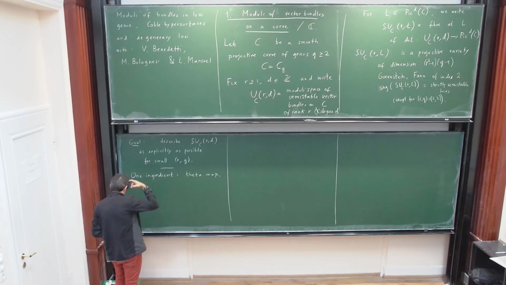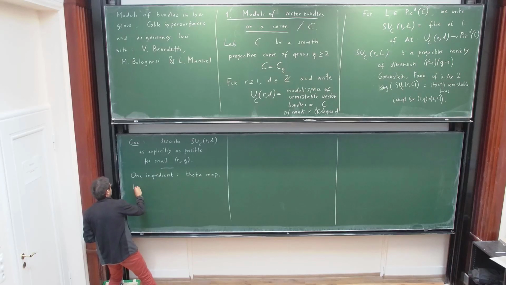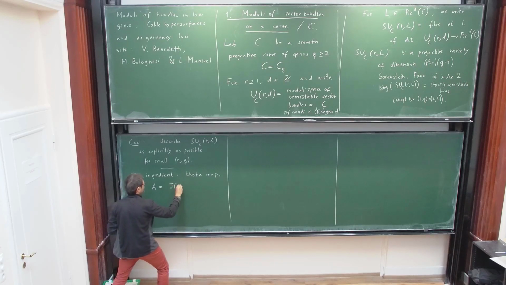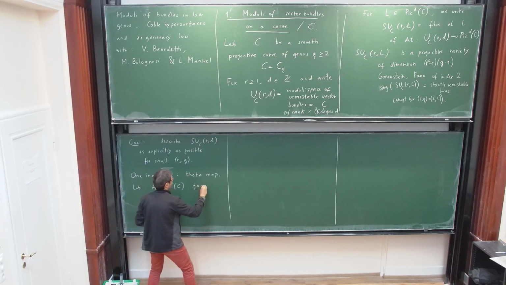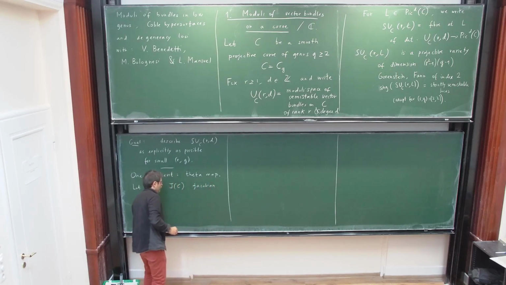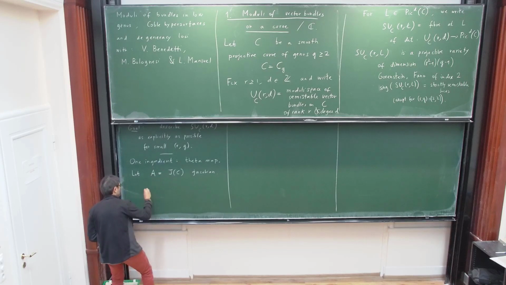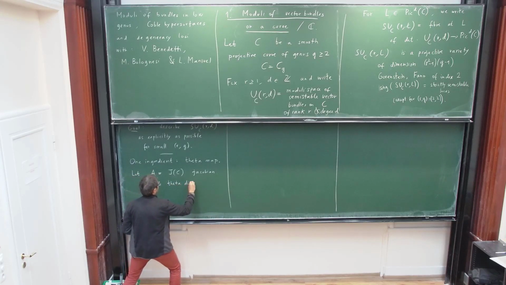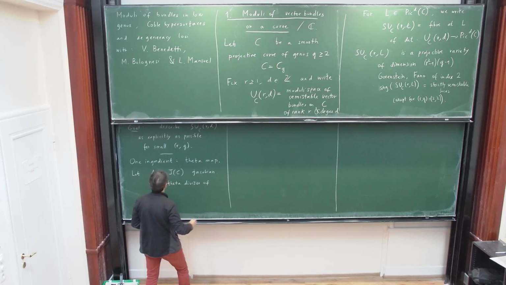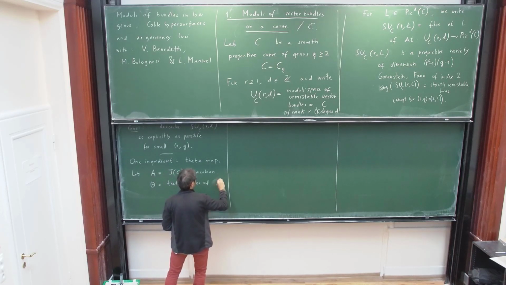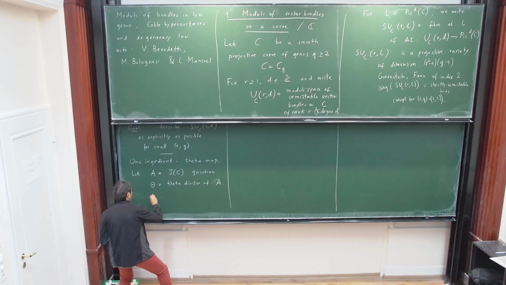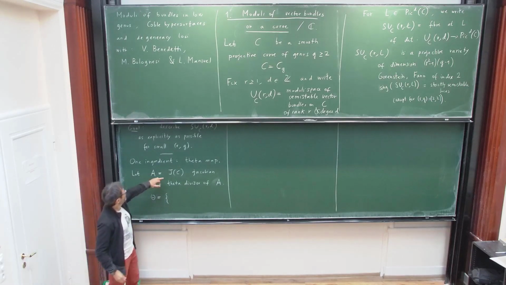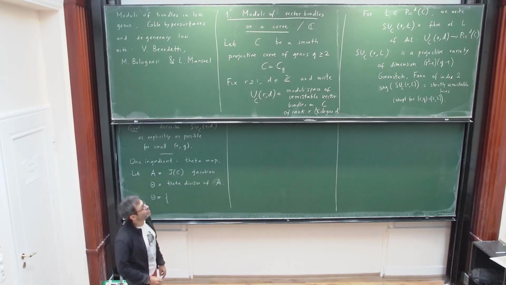I let A be the Jacobian of C, the abelian variety Jacobian of C, and I let theta be the theta divisor of A. We can see theta in a most canonical way if we see the Jacobian as Pic^{g-1}.